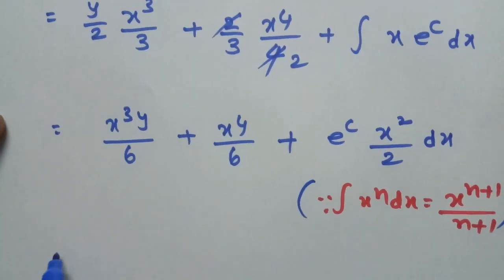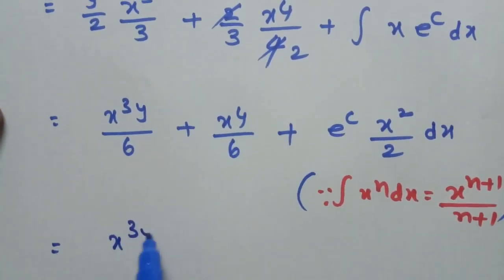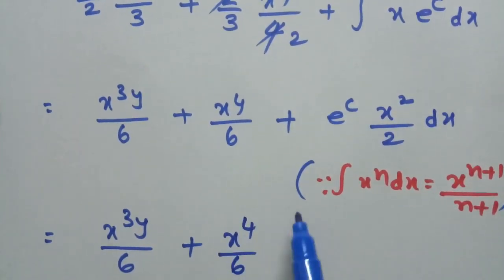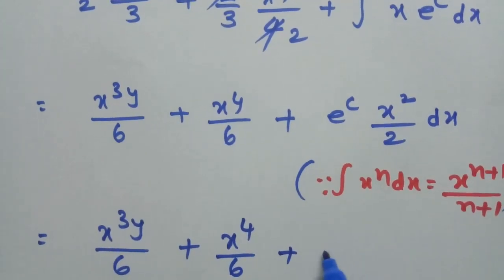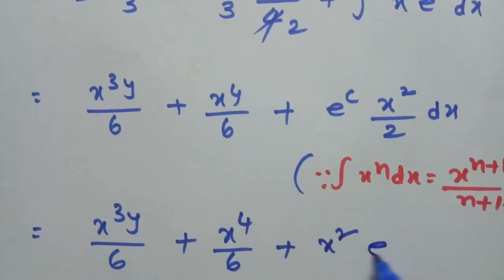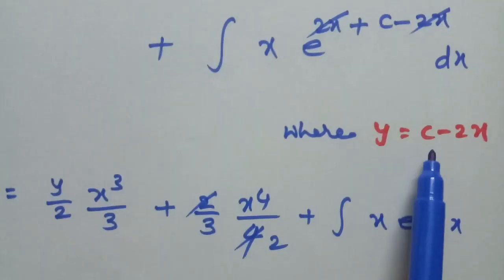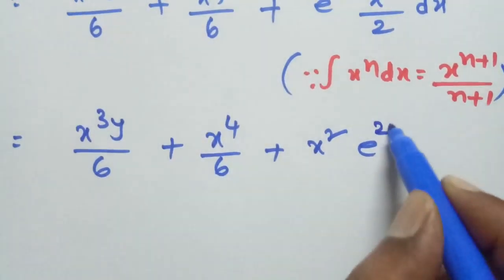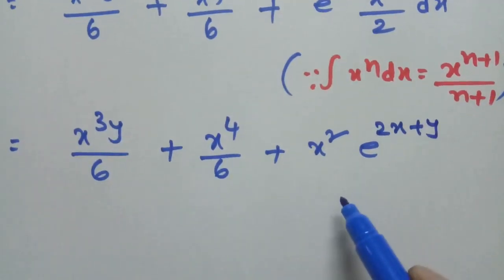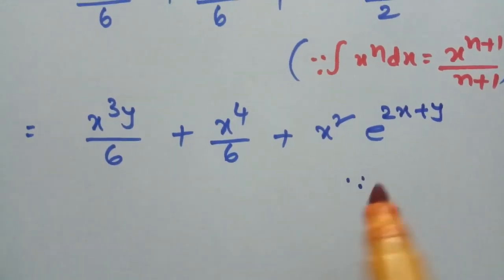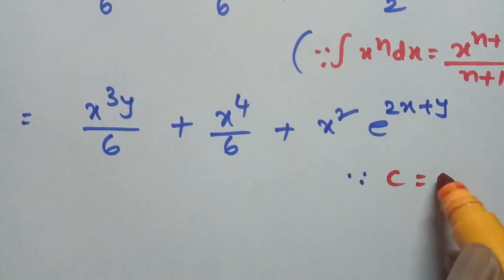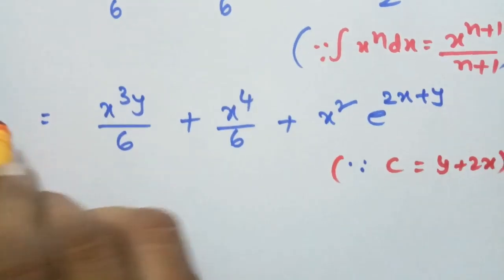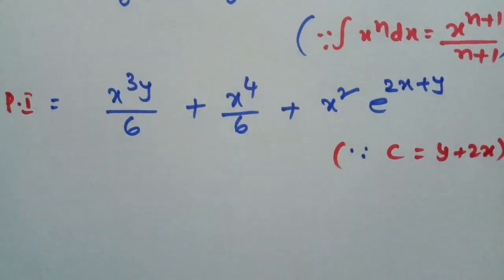Therefore, this can be written as x cube into y by 6 plus x power 4 by 6 plus x square into e power c. c is equal to y plus 2x, so e power 2x plus y. Therefore, this is the particular integral.